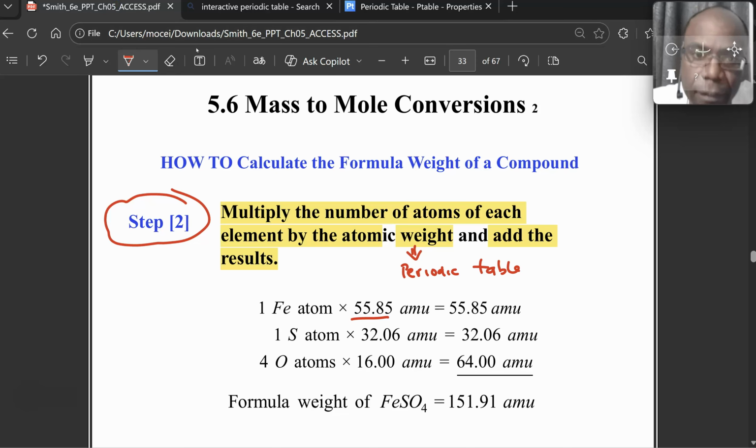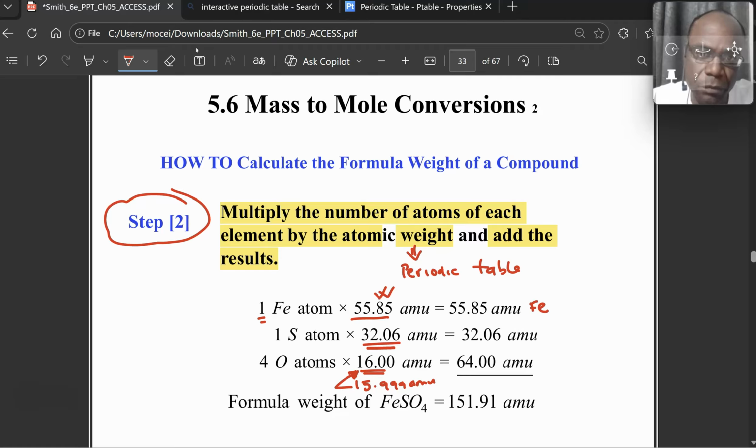So we go back here. You see we have 32.06, we have 16, this is an estimate of this number as found in the periodic table, but personally, when doing problems, we don't want to estimate so much. Use the atomic mass you're given in your periodic table in the test. So since we had 1 Fe, just multiply by its corresponding atomic mass unit.